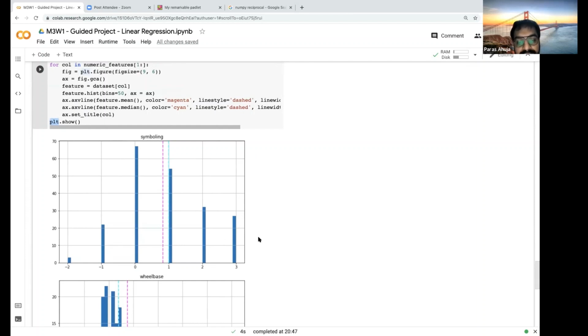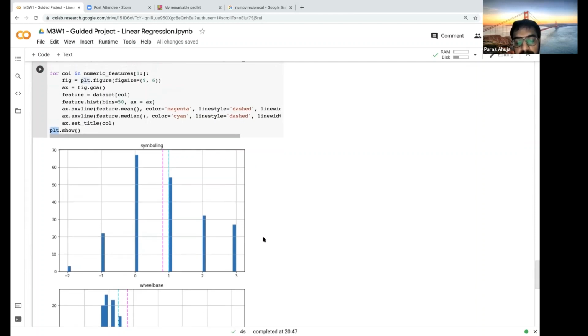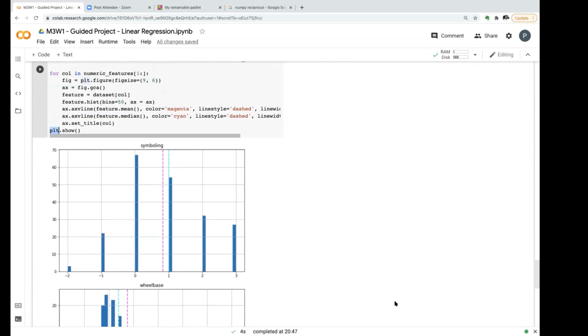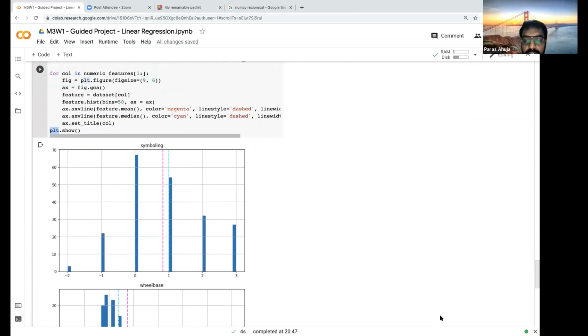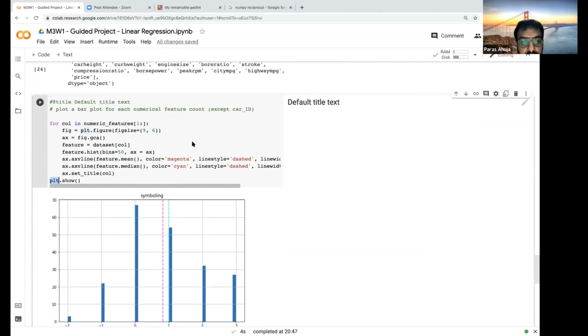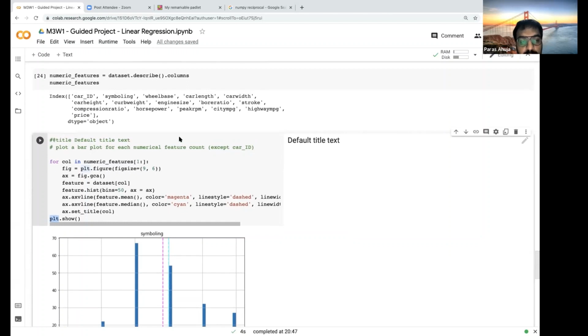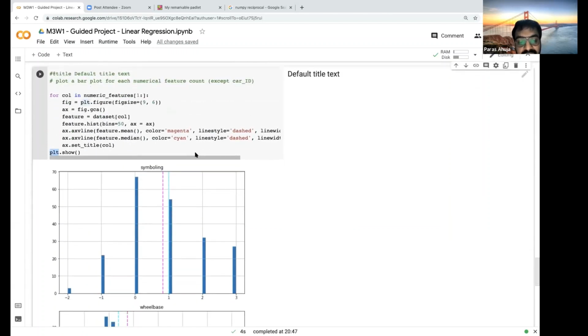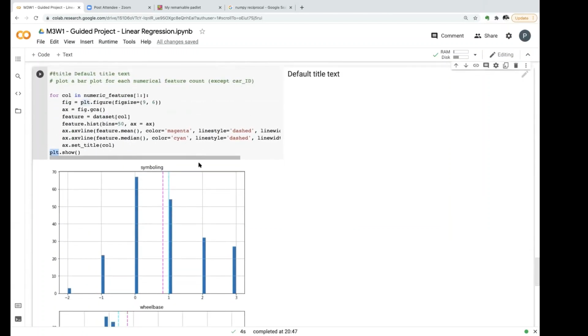Now, should it come under categorical or numerical? Since I can see six different categories here, should it be categorical or numerical? As per our numeric features list, it is coming under numerical features.